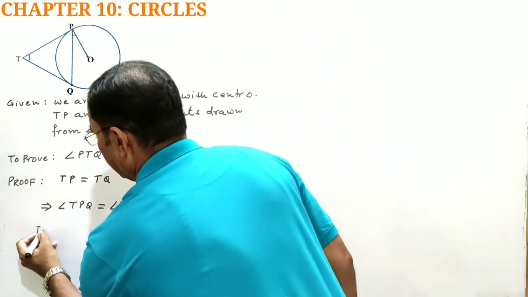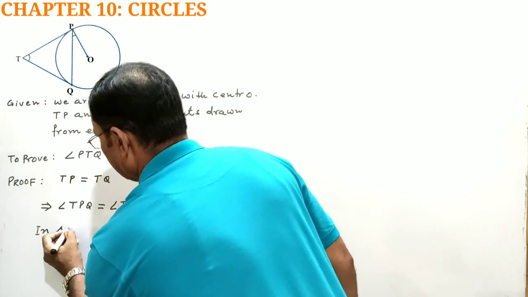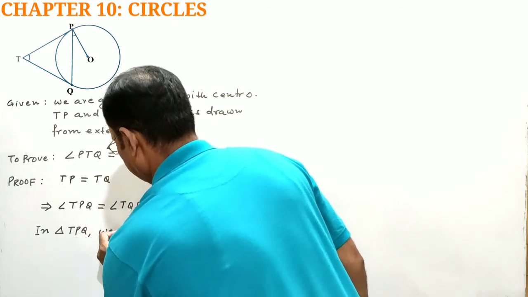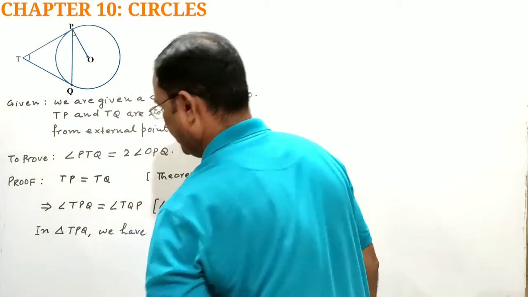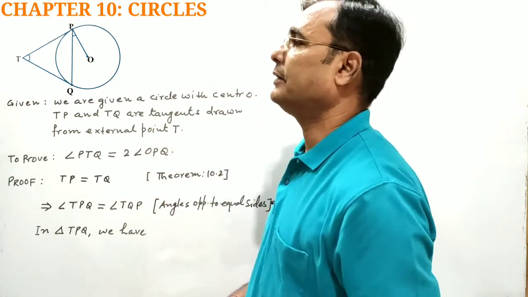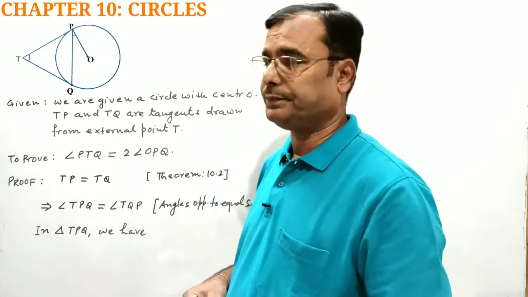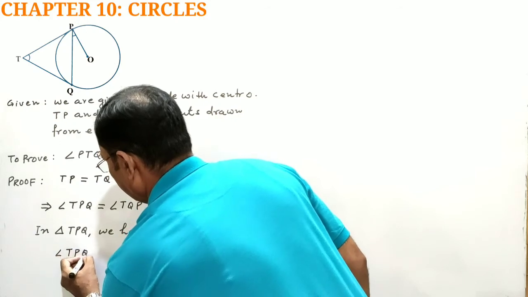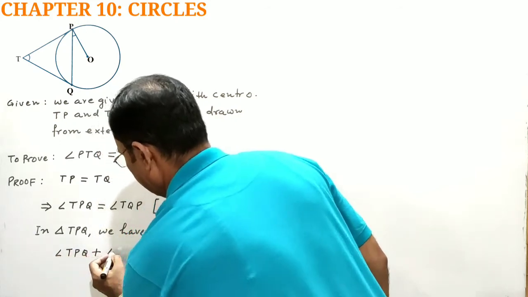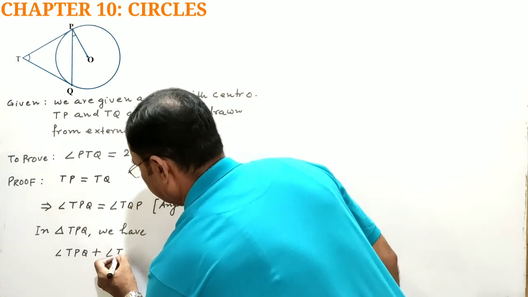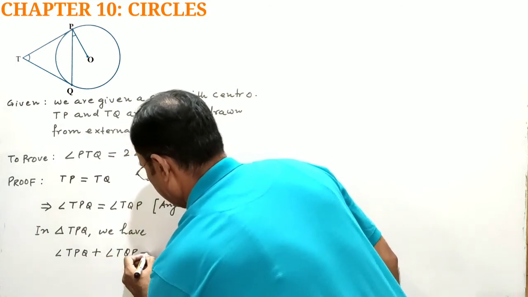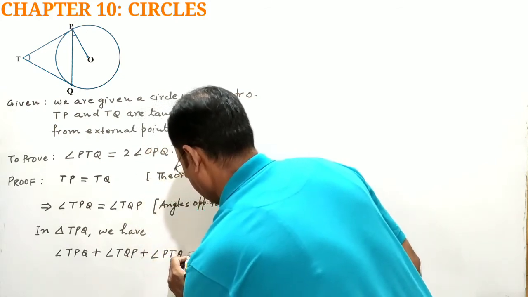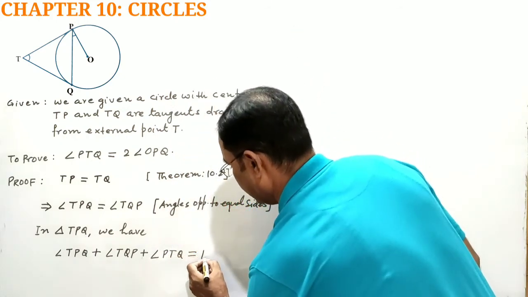Now in triangle TPQ, we are going to apply angle sum property in triangle TPQ. So angle TPQ plus angle TQP plus angle PTQ is equal to 180 degrees.